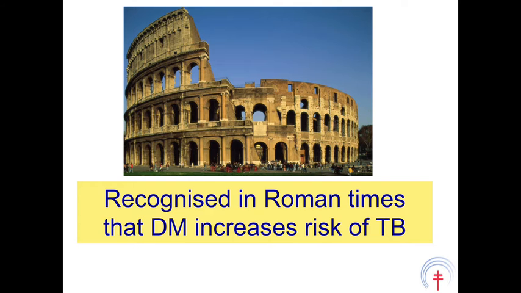Now, this link between diabetes and TB actually has been known about since Roman times. In the classical literature in Latin, it is written that people who passed a lot of urine, people whose urine was sugary, had an increased propensity of a consumptive disease that sounds very like tuberculosis.